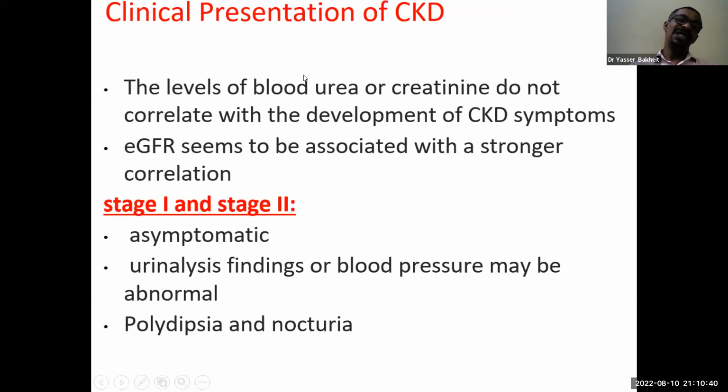The clinical presentation in stage 1 and 2 is usually asymptomatic. We just find abnormality in the urine and mild or moderate high blood pressure, and sometimes the child comes with polydipsia and nocturia.